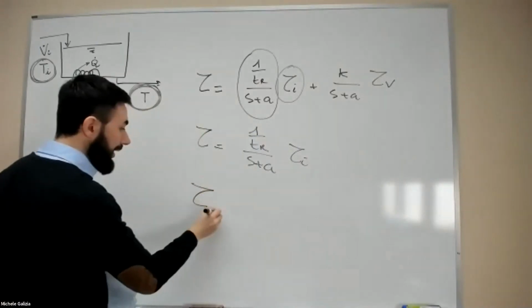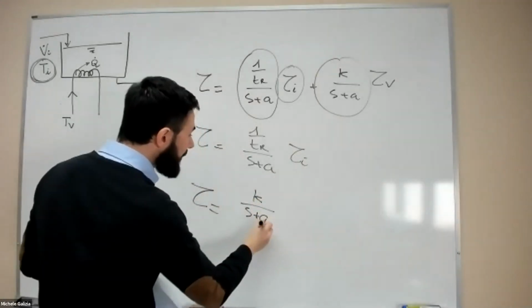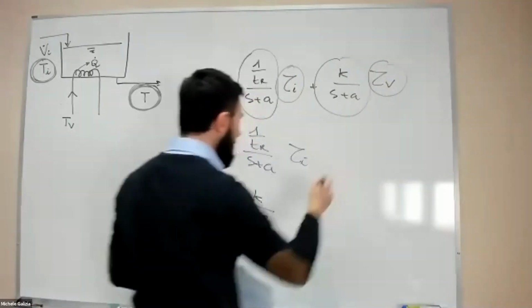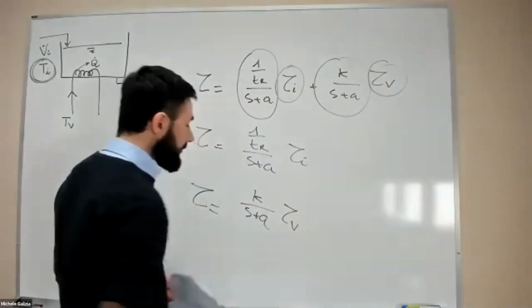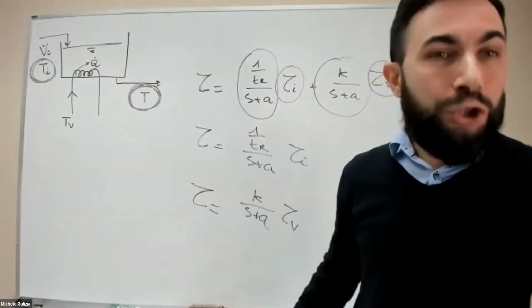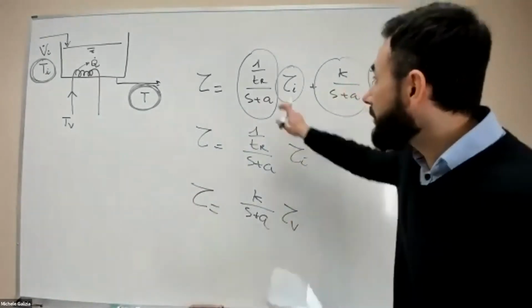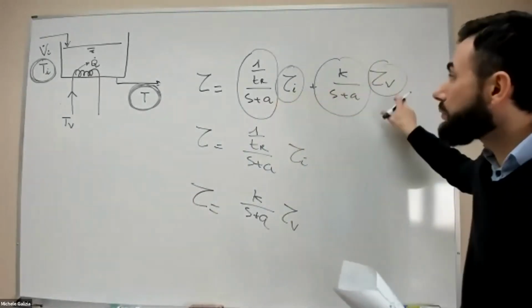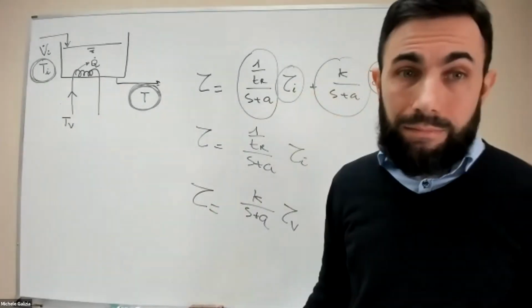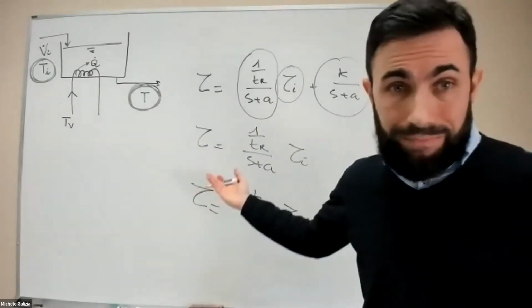Simply what you have to do is take the corresponding transfer function and multiply by the Laplace transform of the disturbance. If the two disturbances act simultaneously, simply you have to consider the sum of them. Make sense? Yes. So that's it.